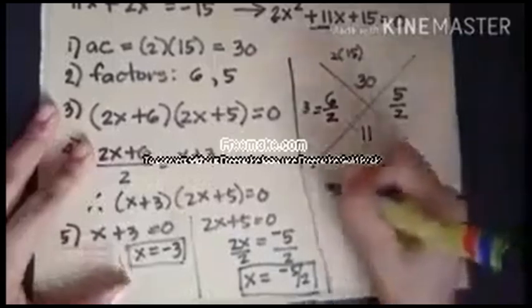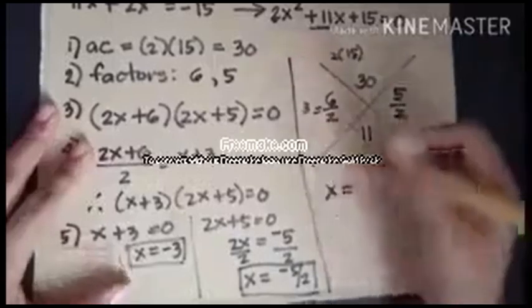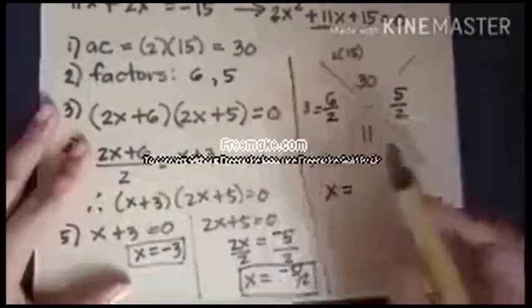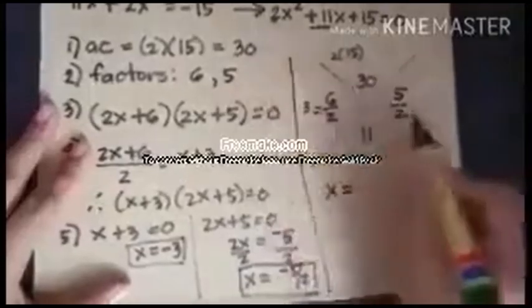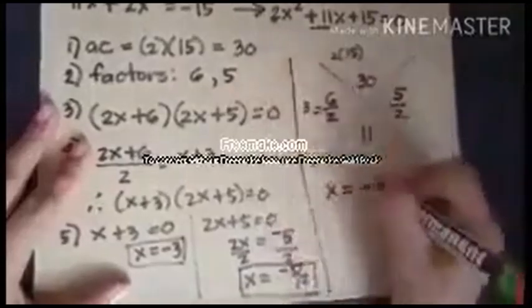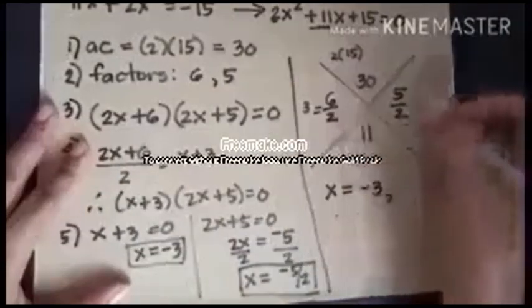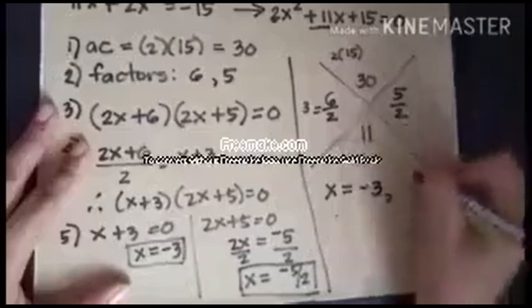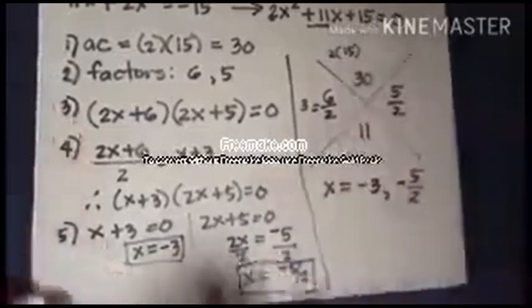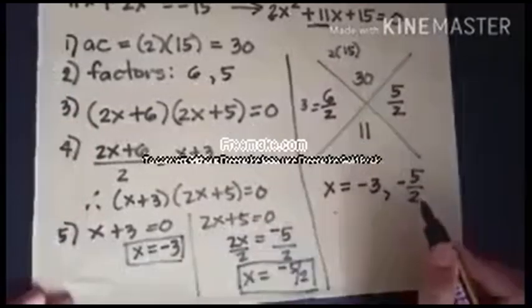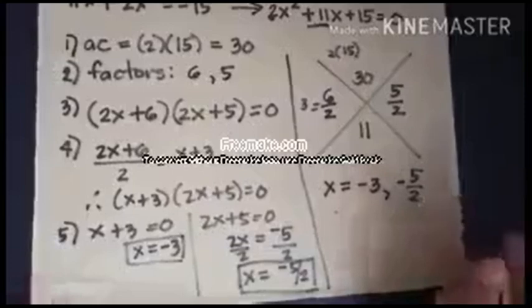So therefore, the values of x are, you just change the sign of the factors. So we have negative 3 and negative 5 over 2. So, pareho lang yung nakuha natin. Tama? Okay?